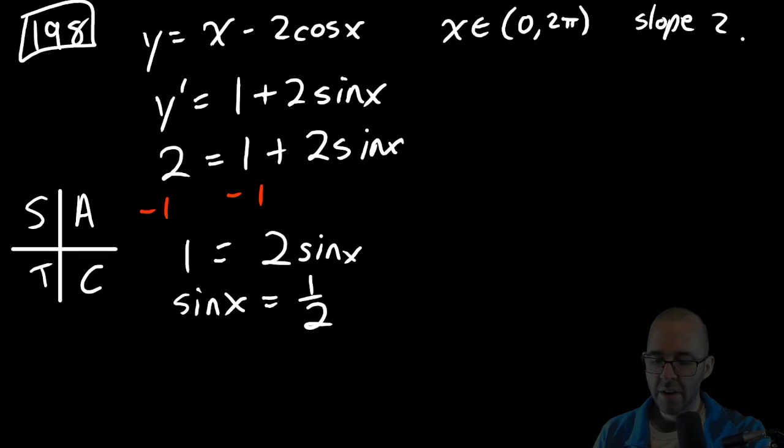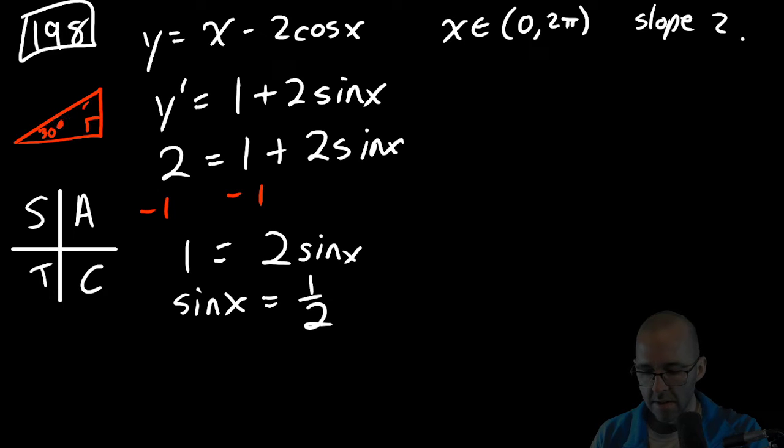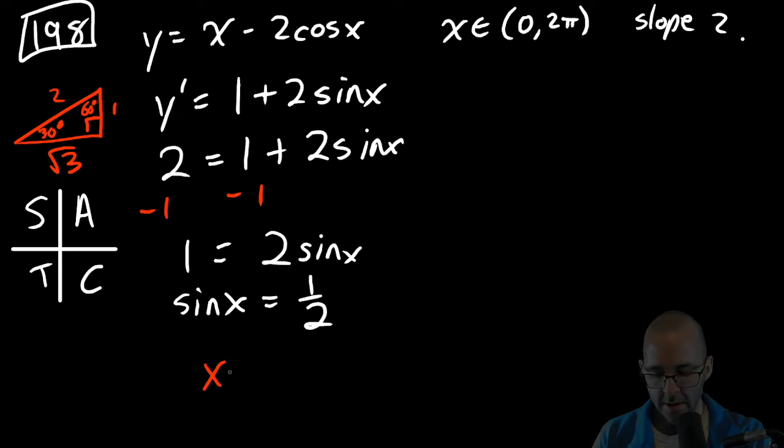The first one you can find with inverse sine if you wanted to, or we can use reference triangles. 30, 60, 90. It looks like this. When is the sine 1/2? 30 degrees. So we're going to use radians. X is going to be 30 degrees or pi over 6.